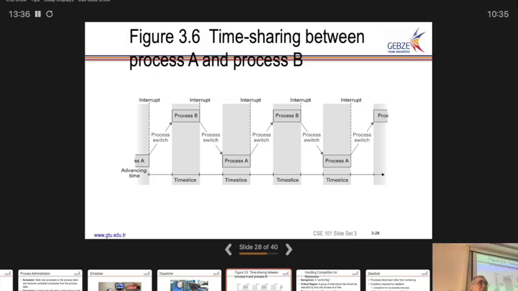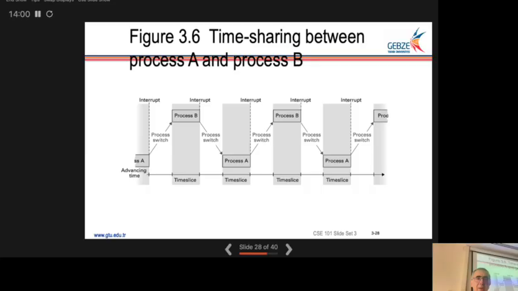So there is a certain time, and in the early days it was like 10% of the time dedicated to switching. Today it is 2% or something, 2%, 1%. So work, switch, work, switch, work, switch, work. That kind of operation is done.